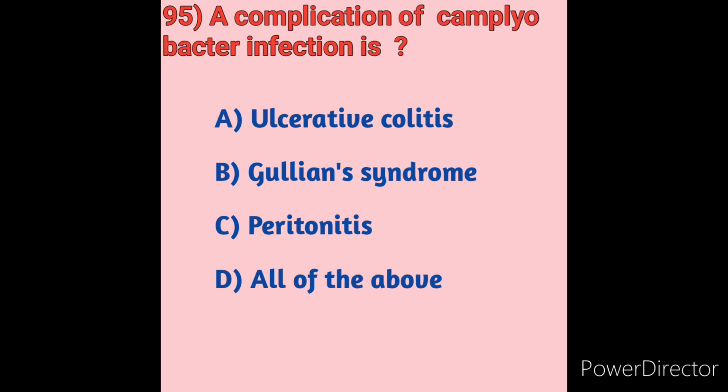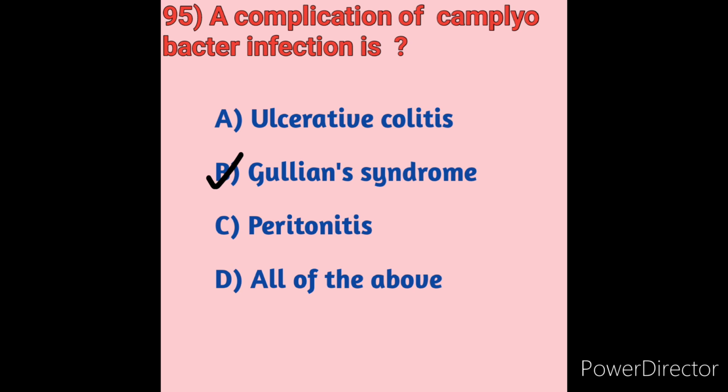About 1 in every 1,000 people with Campylobacter infection develops Guillain-Barré syndrome. Some people will experience complications such as irritable bowel syndrome, temporary paralysis and arthritis, and Guillain-Barré syndrome. So here option B is the correct answer. The complication of Campylobacter infection is Guillain-Barré syndrome. Here option B is the correct answer.